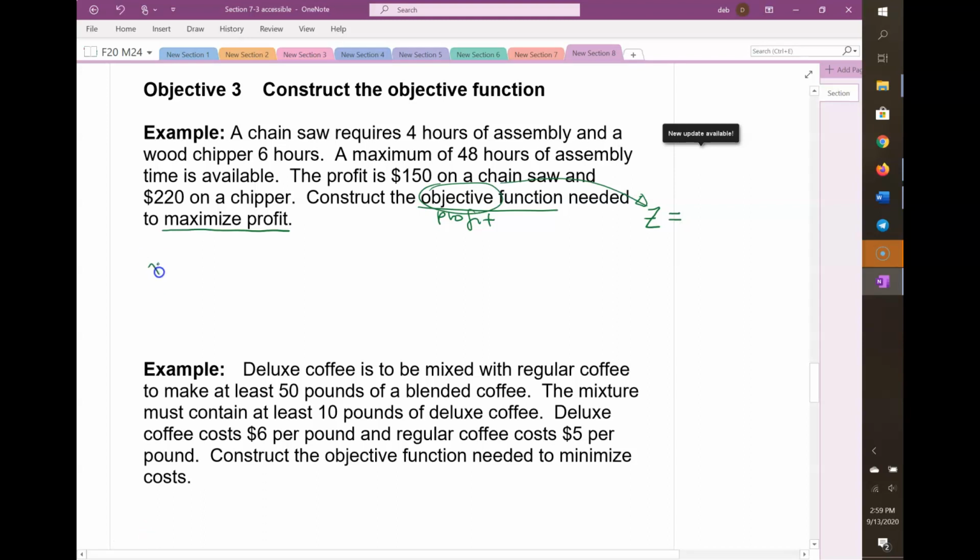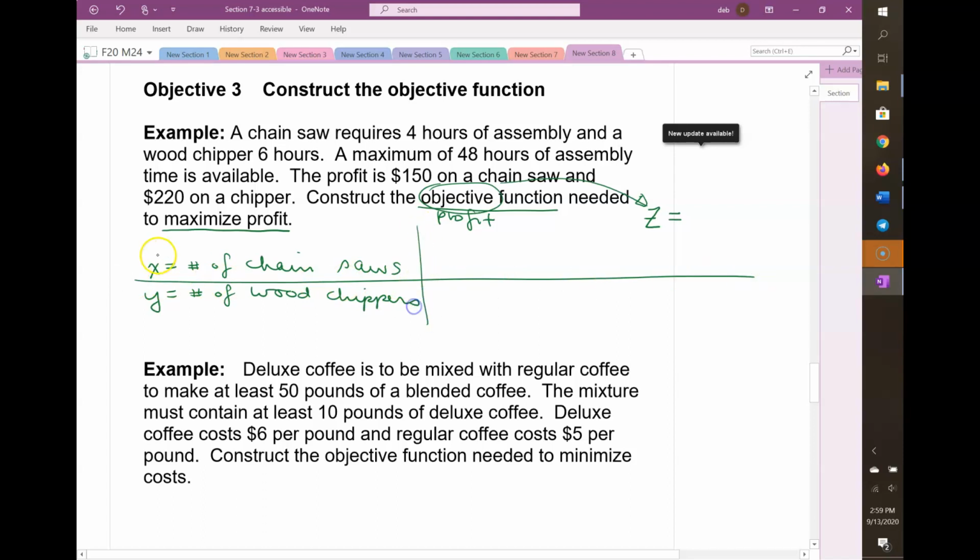Okay, so we already started working on this problem where we had x was the number of chainsaws and y was the number of wood chippers. And then we made our chart and said the amount of time for a chainsaw was 4 and for a wood chipper was 6.